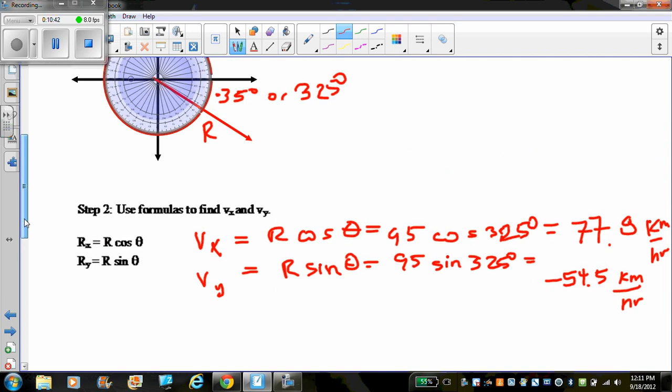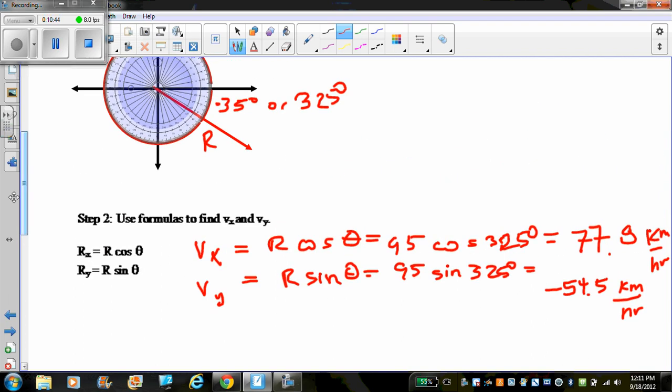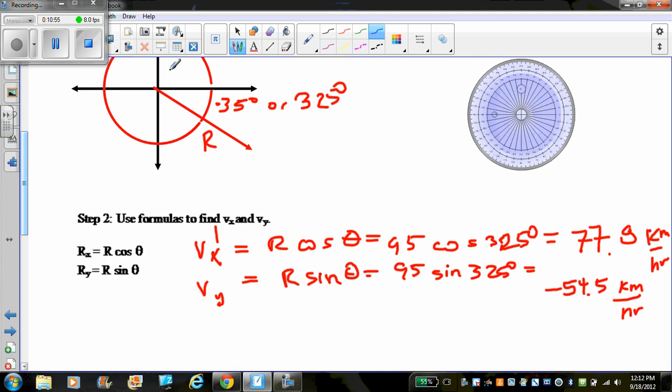Okay, so let's think about what that means for a moment. The horizontal component of my velocity is how far over I would have to go to get to the end of this vector, and that distance is 77.8.